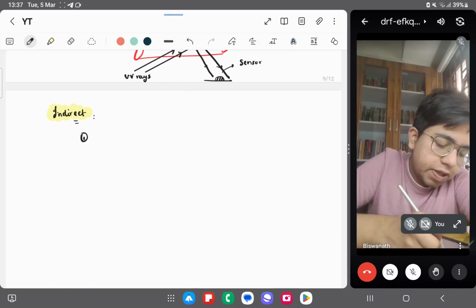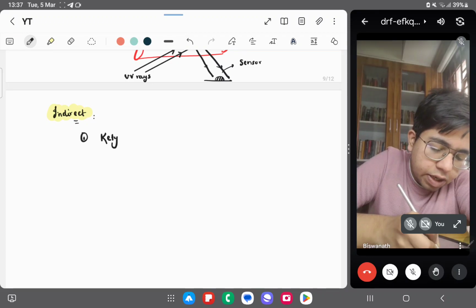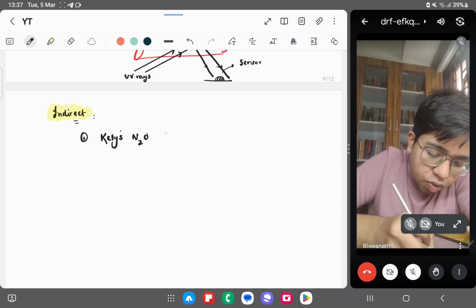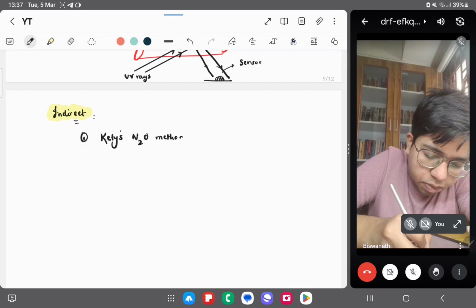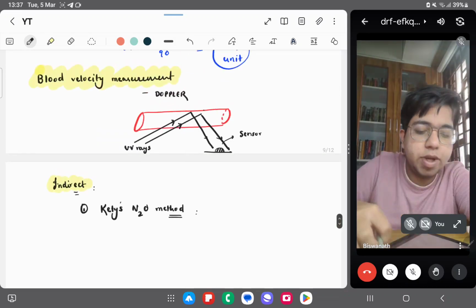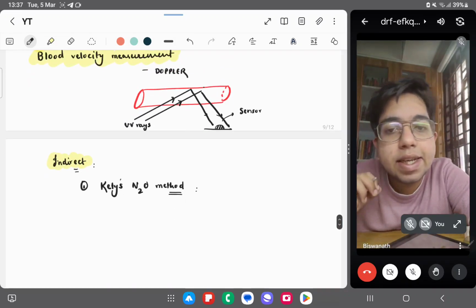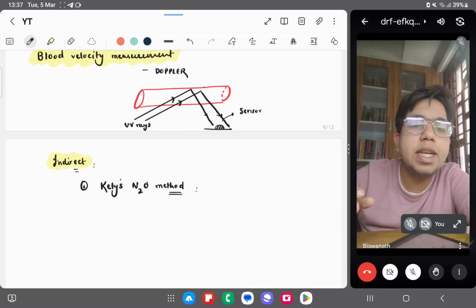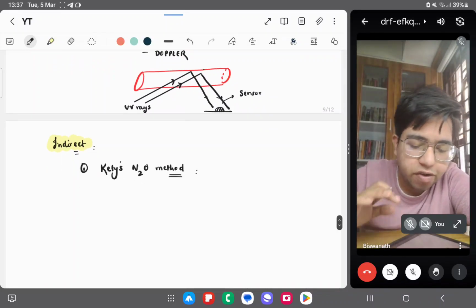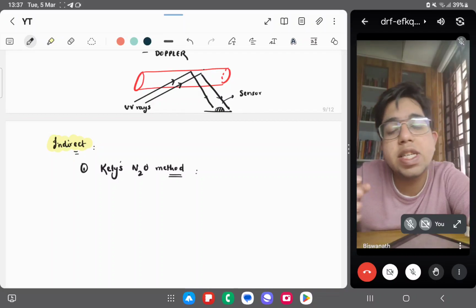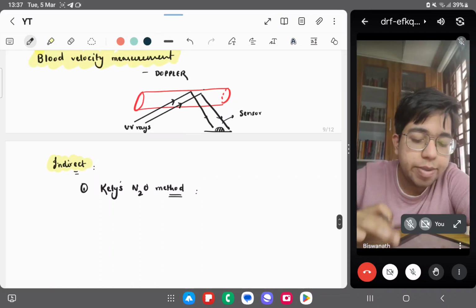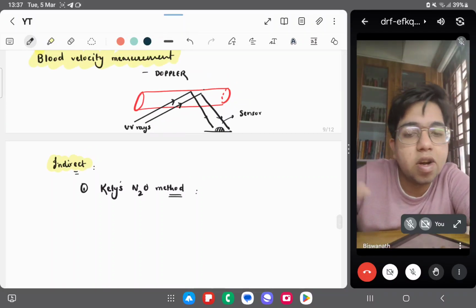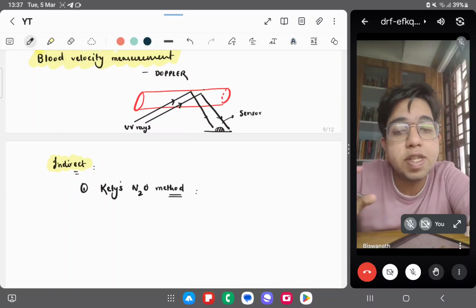So among the indirect methods, first we have Ketty's N2O method. In this method, nitrous oxide is used for measurement of blood flow by injecting it.